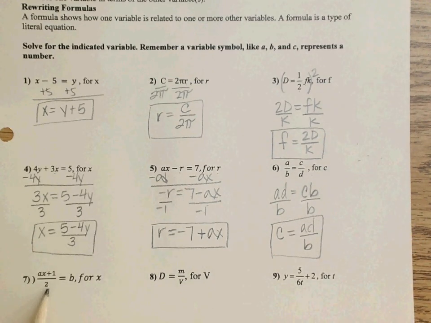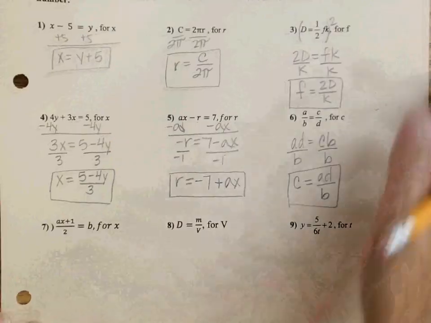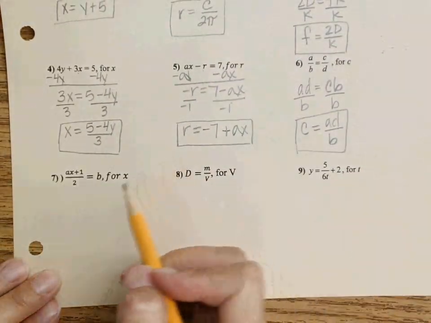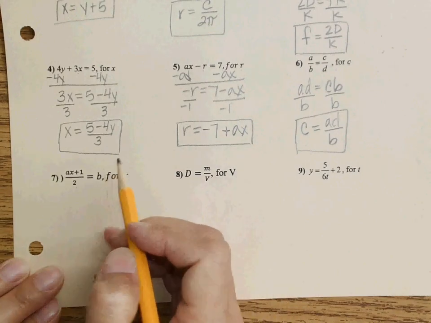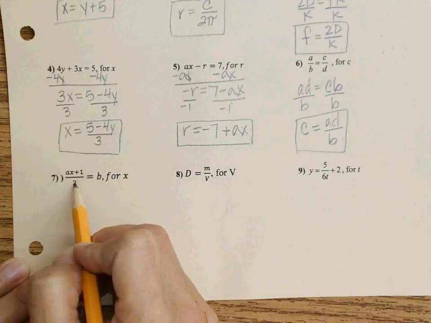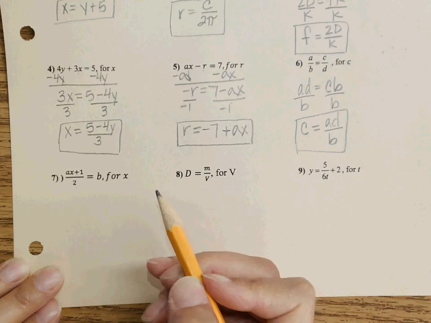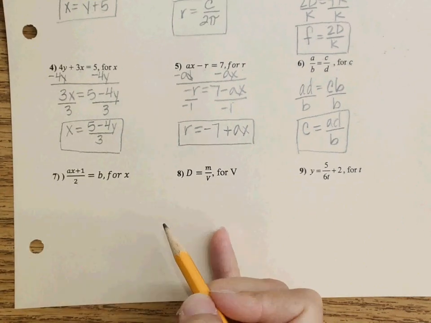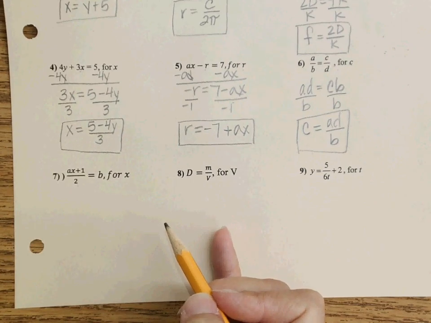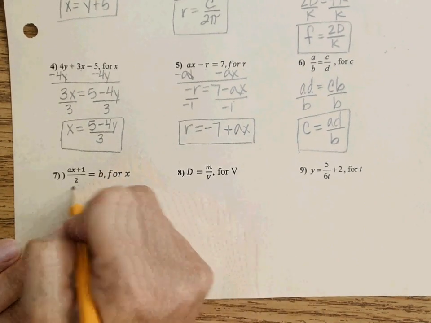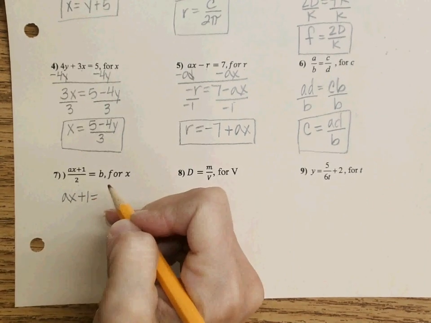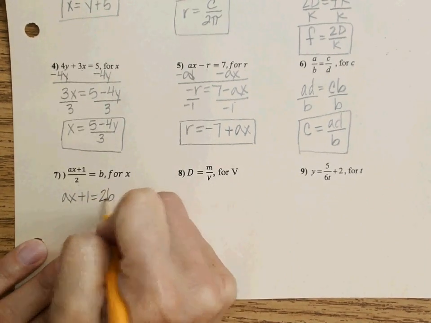So number seven is another proportion problem. Move this up a little bit. And so I'm going to start by cross multiplying to eliminate these fractions. Or you can just think about, I'm going to multiply the entire equation to again eliminate fractions. Whenever we deal with fractions, that will be our first step. So we get ax plus 1 is equal to 2b.